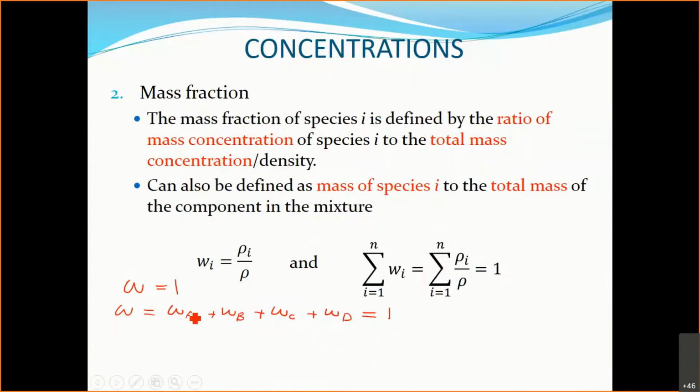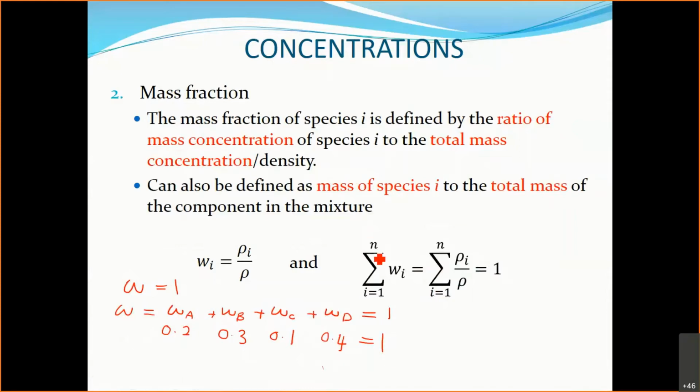If I know that my fraction of A is 0.2, fraction of B is 0.3, fraction of C is 0.1, and I ask you to find the value of fraction of D, automatically you can say that it is 0.4, because 0.2 plus 0.3 plus 0.1 plus 0.4 is equal to 1.